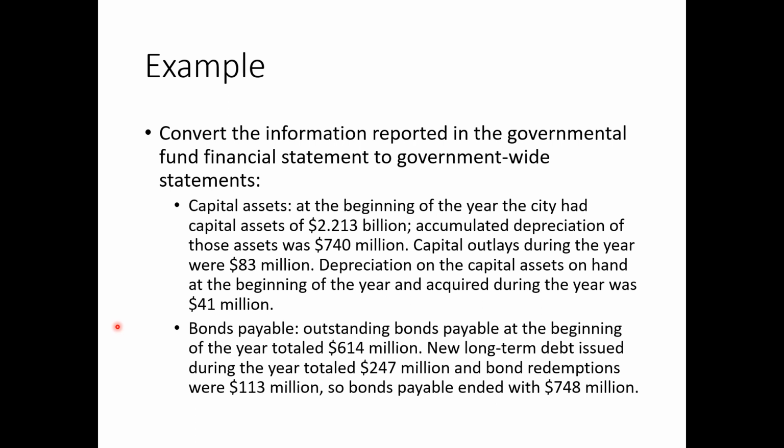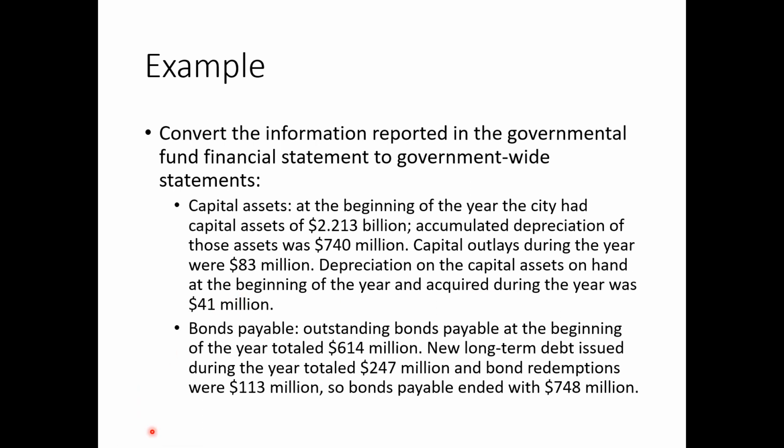Example. At the beginning of the year, the city had capital assets, accumulated depreciation, and the capital outlays during the year, 83. Depreciation on the capital assets on hand at the beginning of the year and acquired during the year was 41.